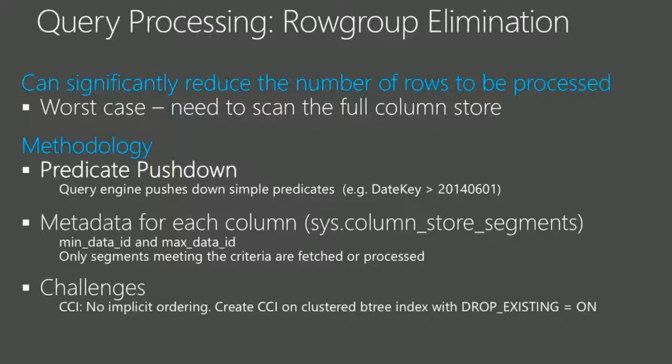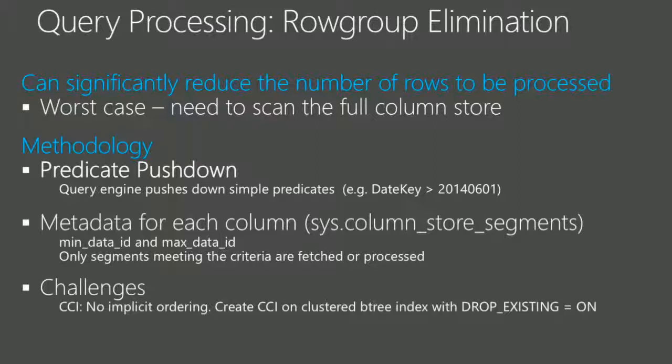Now that is a challenge because there is no key. I cannot create a column store index and say sort by this column. It cannot be done. Even if I sort it, if I insert new rows, I can't maintain the sorted nature because I can't go and insert into compressed stores. You see what I'm saying?